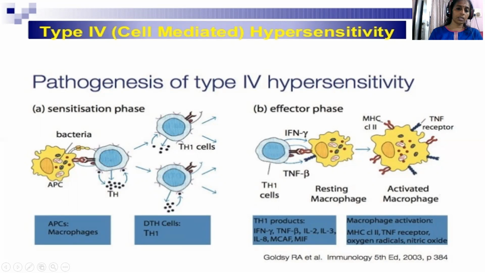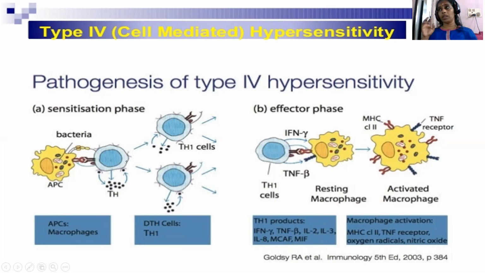So the antigen presenting cell will find this bacteria and present it to Th1 cells, and Th1 cells will produce a large amount of chemical mediators, which will again result in the formation of a few more T helper cells, and a large amount of chemical mediators will again be produced. So this is the sensitization phase.